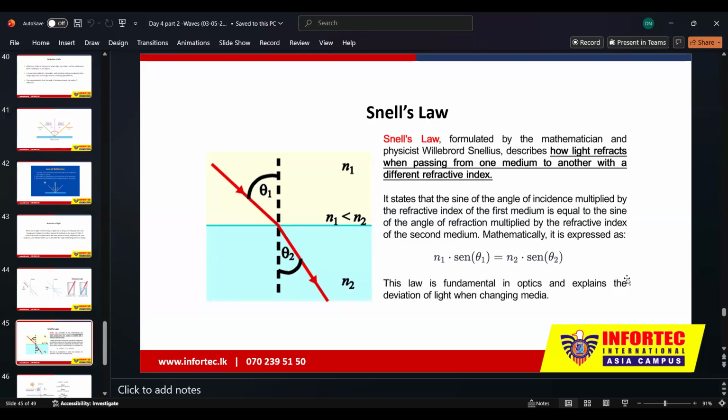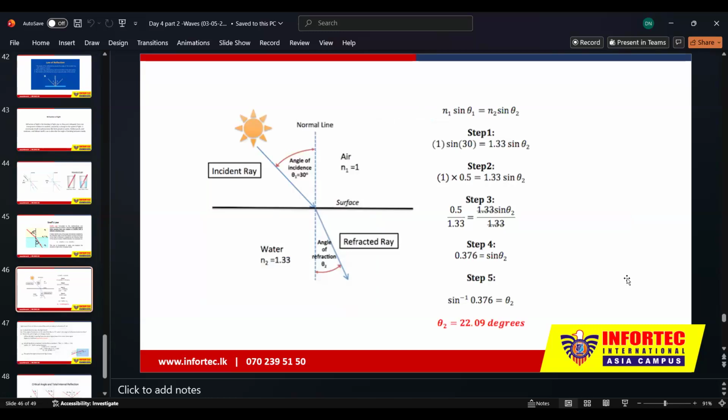Combining these two equations, we can find the refractive index of one medium.